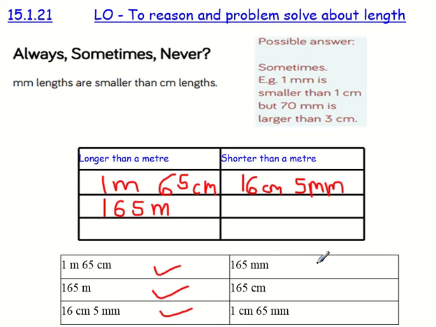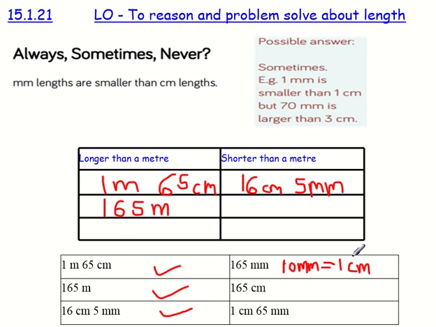Okay, let's get on to this part now. So we've got here 165 millimetres. Okay, so remember, there are 10 millimetres in 1 centimetre. Okay, so that's 10. Now we've got 165 millimetres.